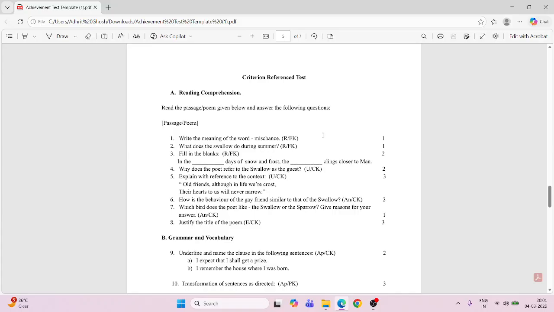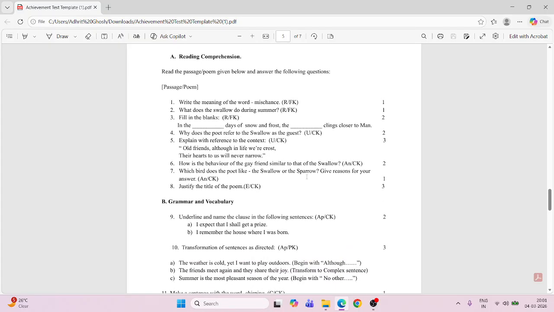So students need not see this. This is meant for the teachers. So if it's just a worksheet or a question paper that you're preparing, you don't need to mention these dimensions. In this case, I have written the dimensions because this will help you to tally it with the objectives.